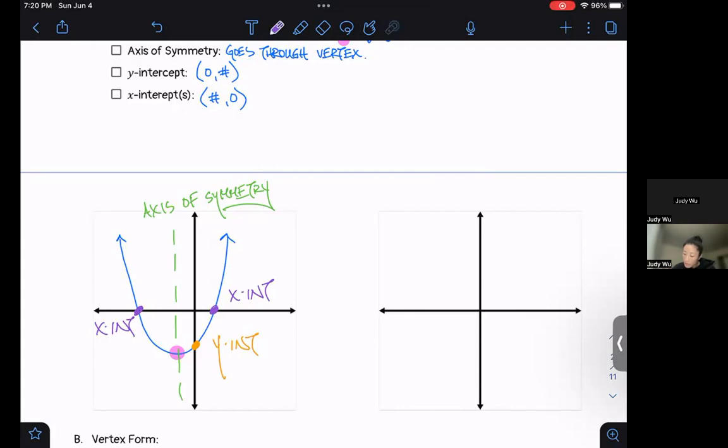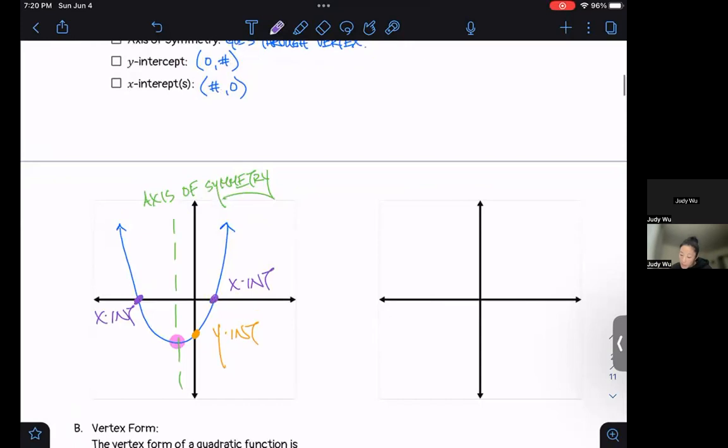These characteristics work if the parabola is facing up, but we can label them the same way if our parabola is facing down.